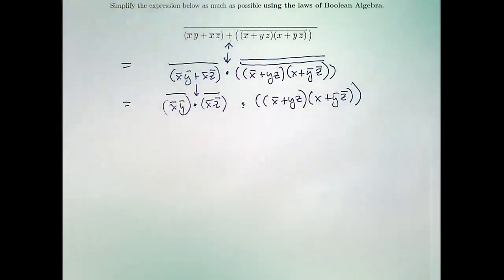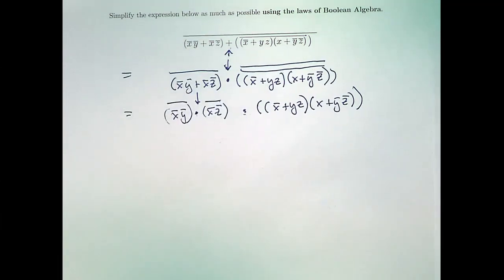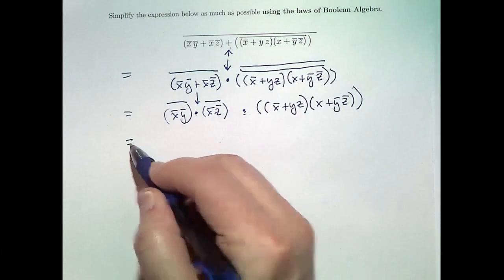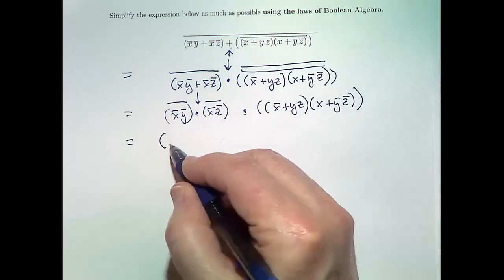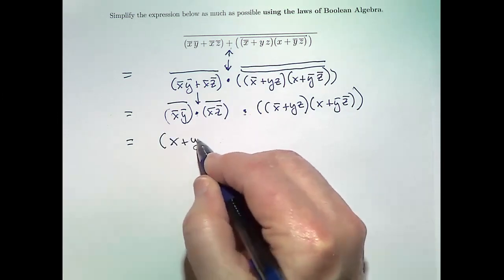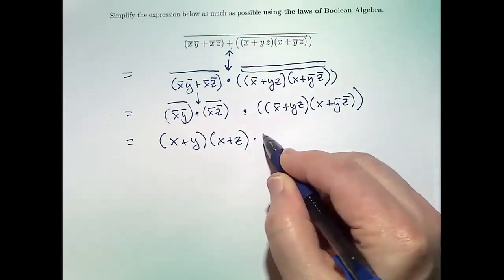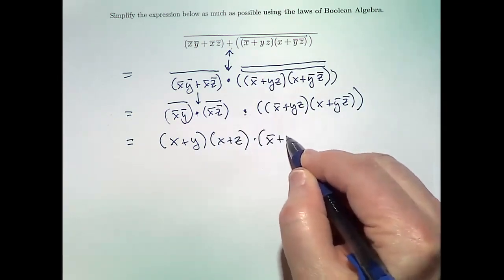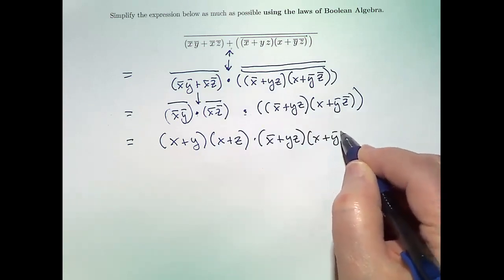It doesn't matter what order they happen to be. If you want to put the parentheses, go right ahead. Okay, what's next? Yes. Okay. So this is x plus y, and this is x plus z. And then I have x bar plus yz and x plus y bar z bar.